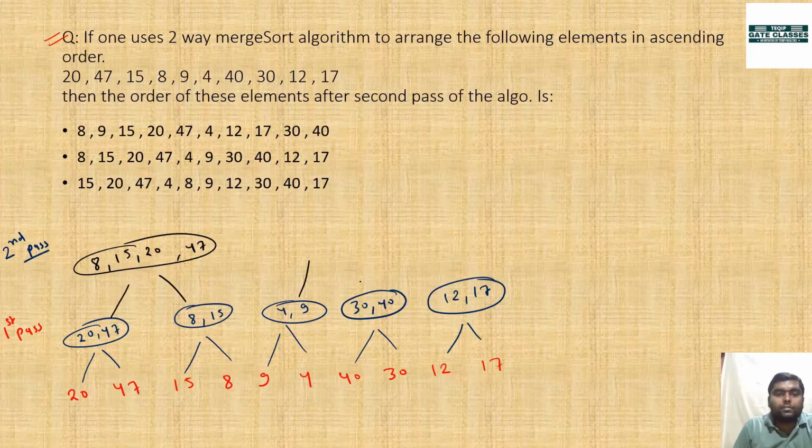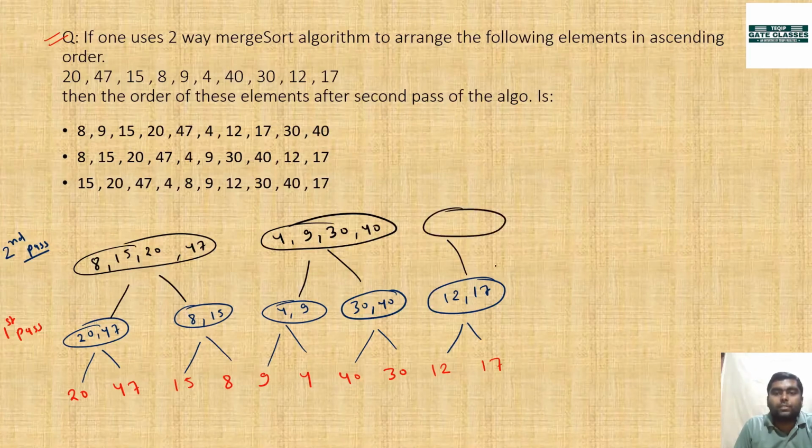And after this, the next will be 4, 9, 30 and 40. And 12 and 70 remains the same because there are no other elements to merge with. So it is 12 and 70.